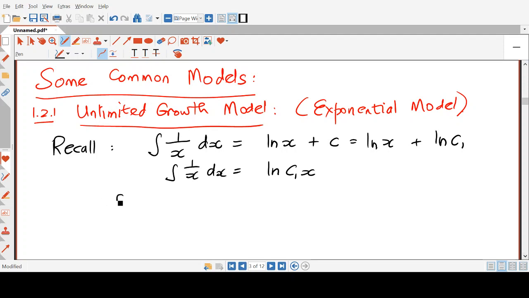Now, what about the integral of y dot over y dx? Like, what is the integral of 2x over 1 plus x squared dx?